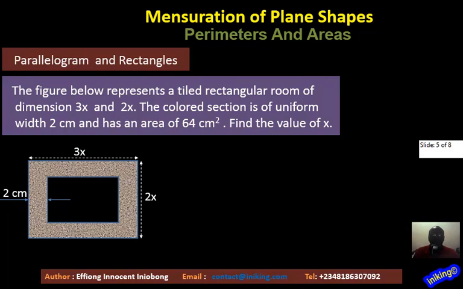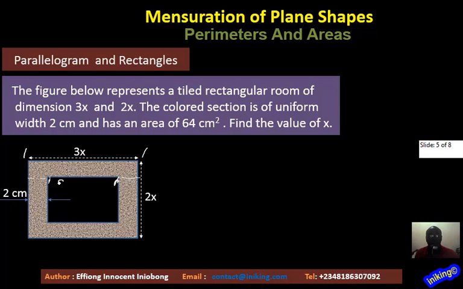We can simply look at the whole object as a large rectangle outside and an inner rectangle inside. From what we have here, if the length from this point to this point is 3x, then what will be the length from there to there? Of course, we have to subtract 2 and subtract 2 this way, because we are told that the thickness of this is 2 centimeters.